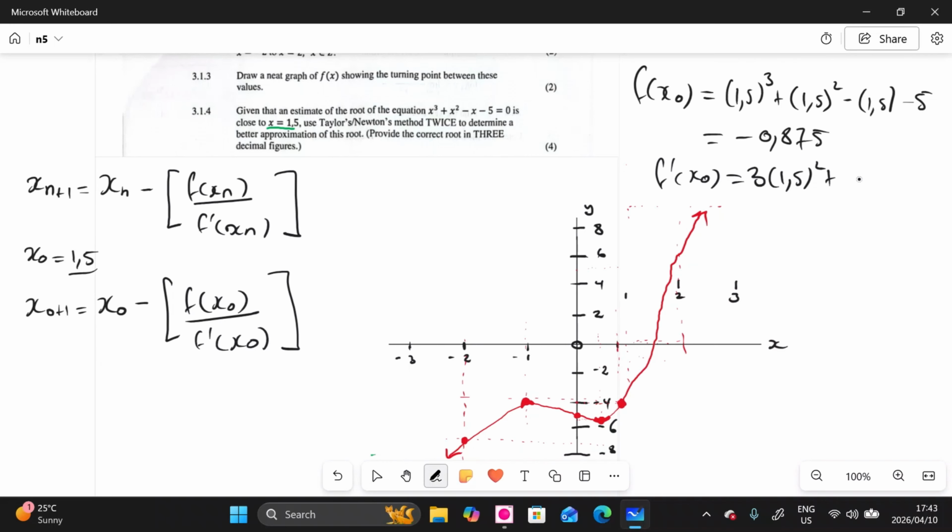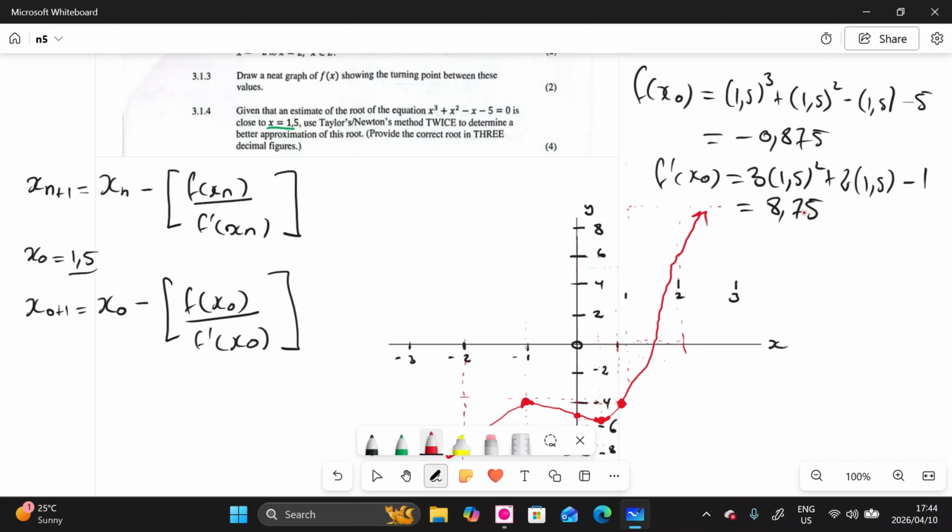When we differentiate x squared, this is going to be 2x. Instead of writing 2x though, we're going to write 2 multiplied by 1,5. And then the third term is negative x. The derivative of negative x is going to be 1. So our final answer for this one is going to be 8.75.